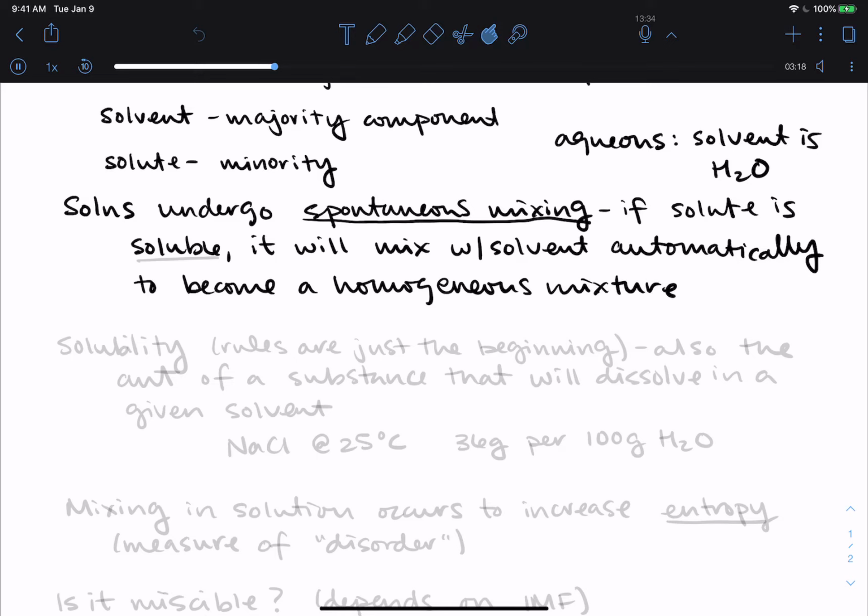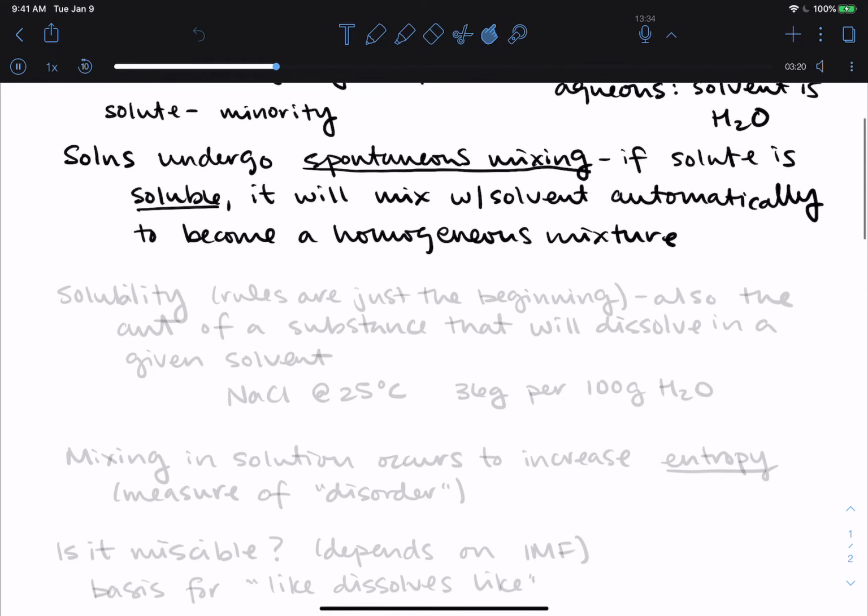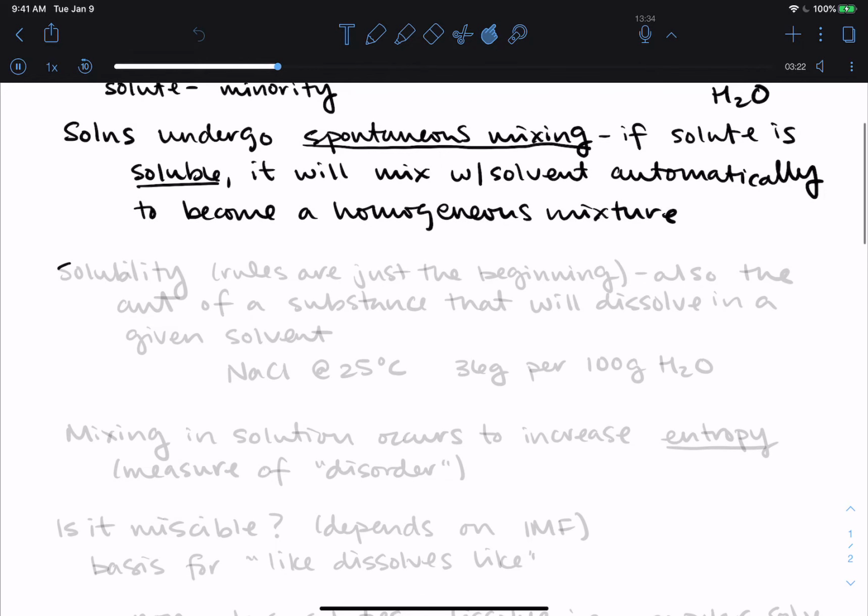So by soluble, I'm going to underline soluble here. Solubility, just like with every other time we have talked about solubility, the solubility rules are just the beginning.